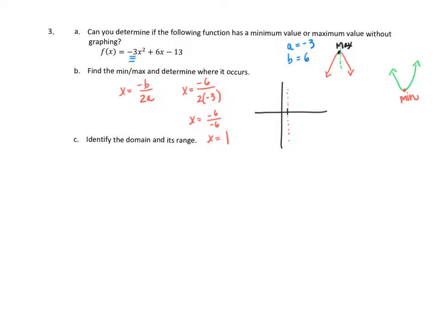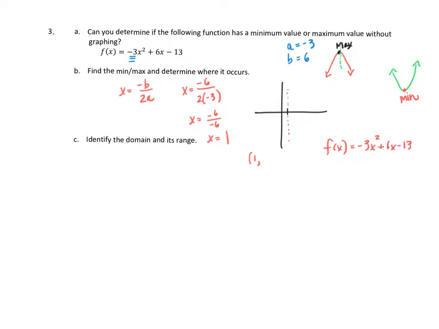And how do we find that vertex? Well, we know x is 1. So really what we're trying to find is our y value or f of x value. So I'm going to go to my function, which was f of x equals negative 3x squared plus 6x minus 13.